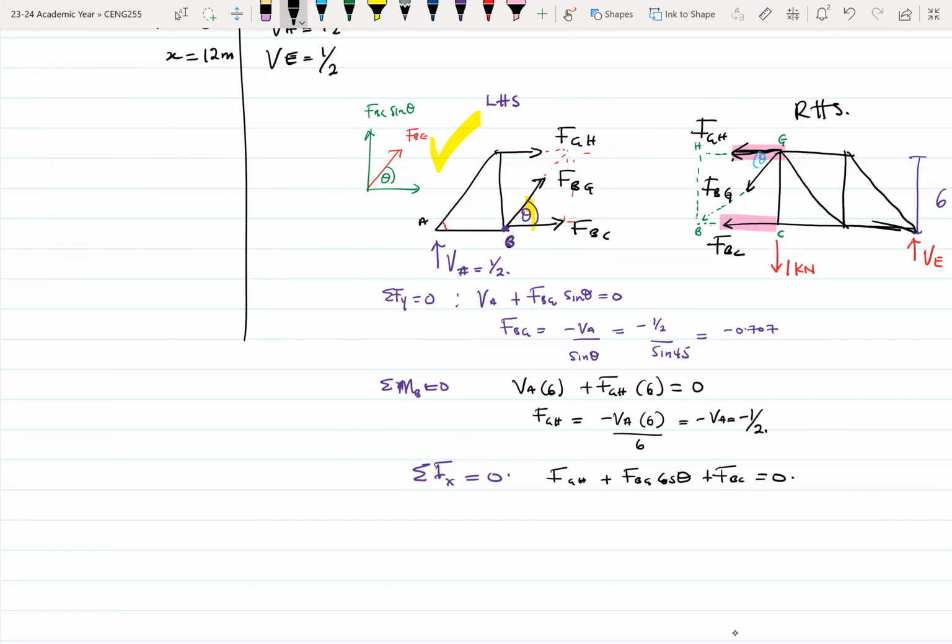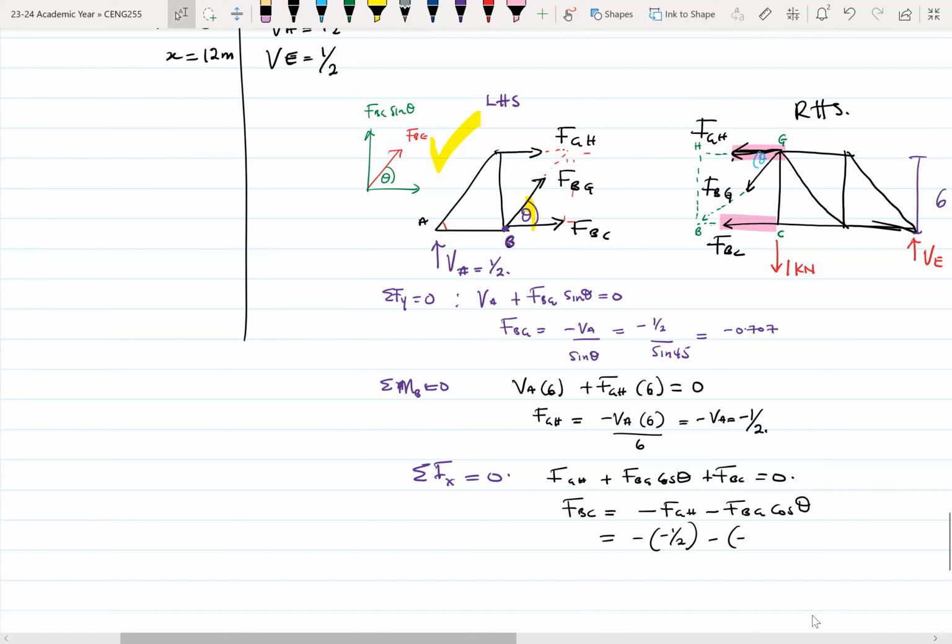So what are we looking for? FBC. Here our FBC will be equal to minus FGH, then minus FBG cos theta. So this will be equal to minus our FGH, which is minus half, then minus FBG, which is also minus 0.707, times cos 45. And all of this should give us 1.